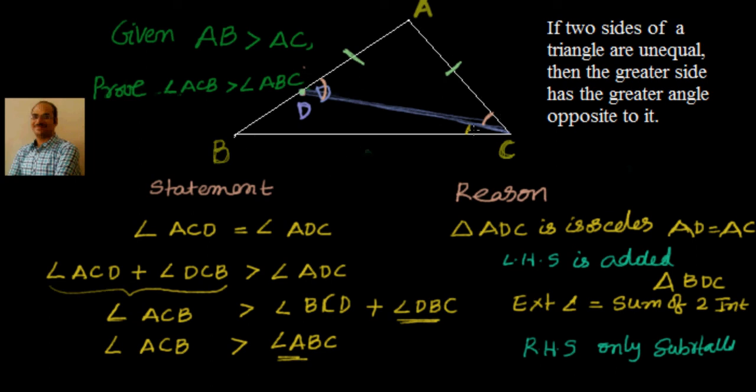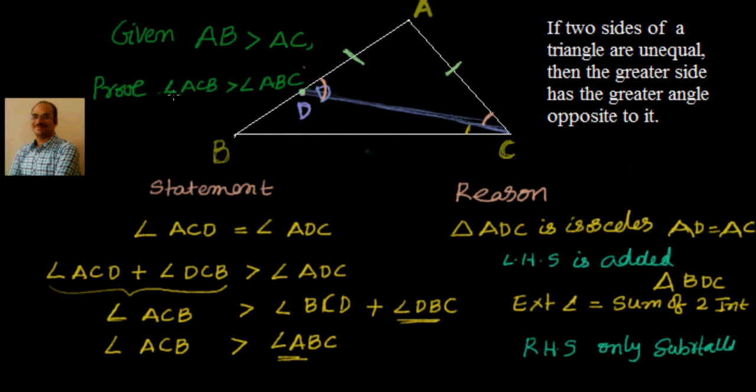To start with, we created an isosceles triangle by putting AC on AB, and we found the point D where AD equals AC. We joined that and got an isosceles triangle. In an isosceles triangle the angles are equal. That means angle ACD is equal to angle ADC. That is my first step.